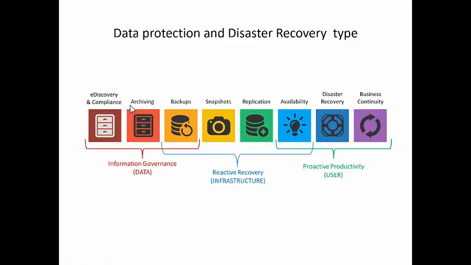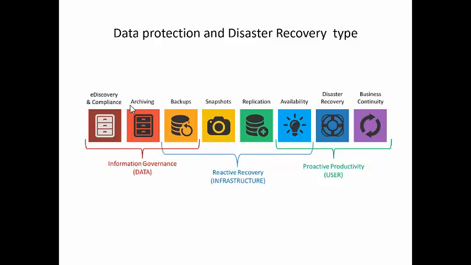The cloud is a very good area to explore because, for example, Azure offers you 99 years of capability to archive data. And then as we go toward business continuity, we get to the backup, snapshot, replication, and high availability.